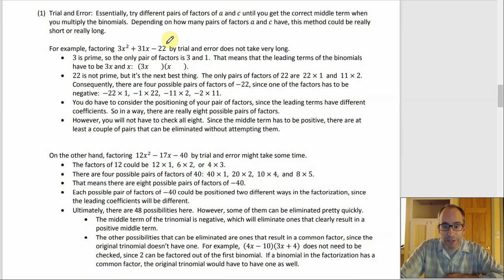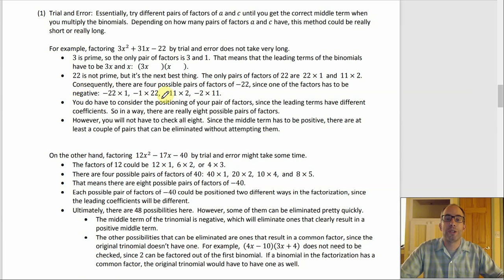So then for negative 22, you go, well, there are 4 pairs because one of those has got to be positive and one's got to be negative, right? You've got that negative constant at the end, so you've got to have opposite signs. So it's either negative 22 with a 1 or negative 1 with a 22, and then same thing with the 11 and the 2. One of those has got to be negative, one's got to be positive.